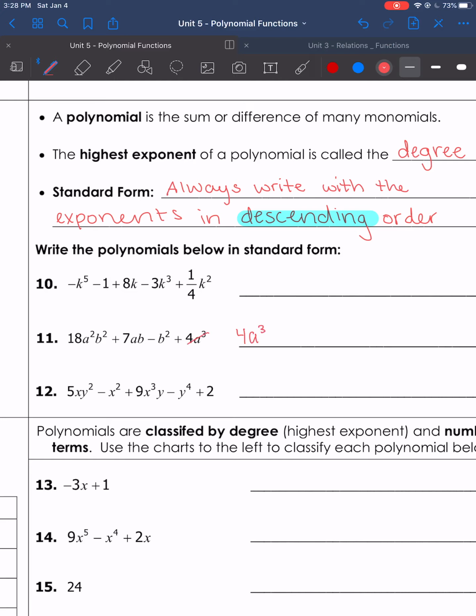So that one's gone. We're done with that one. Then I have a squared. So plus 18a squared b squared. The b's just come with it. No big deal. And then I have an a. Plus 7ab, and then I'm left with b squared, negative. So that's now written in standard form.